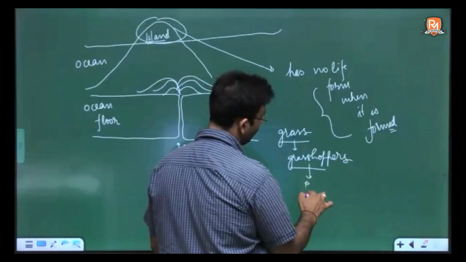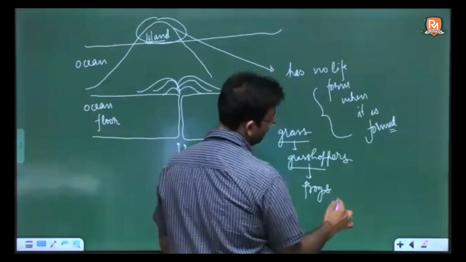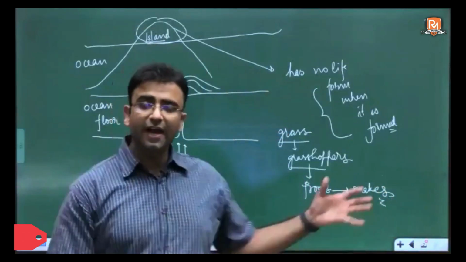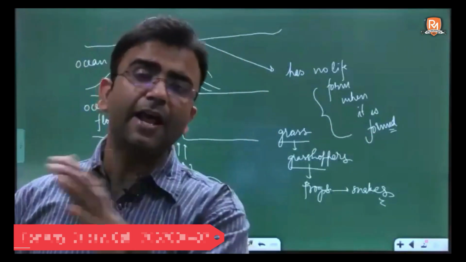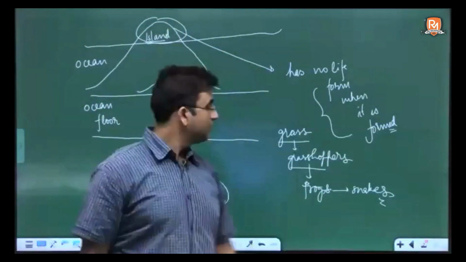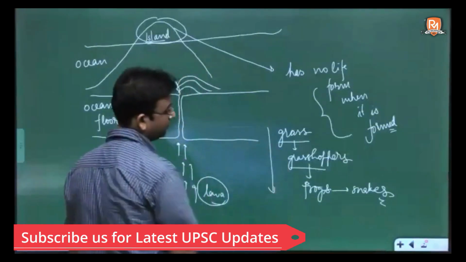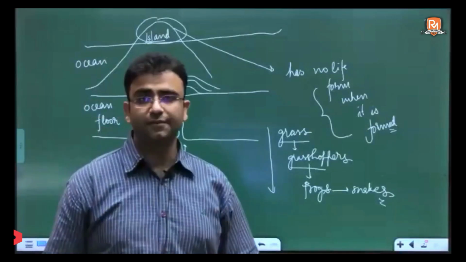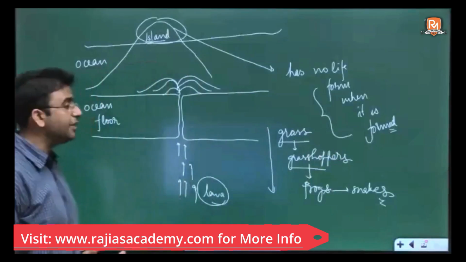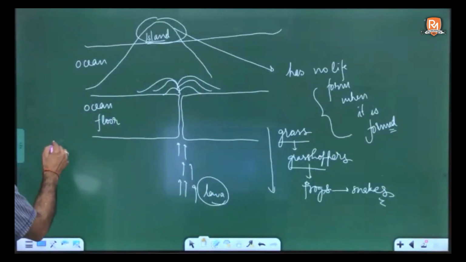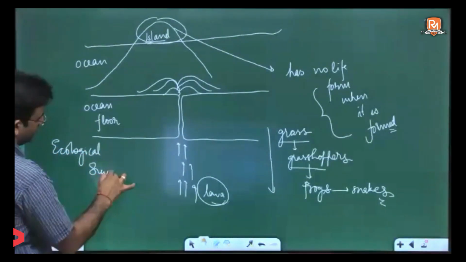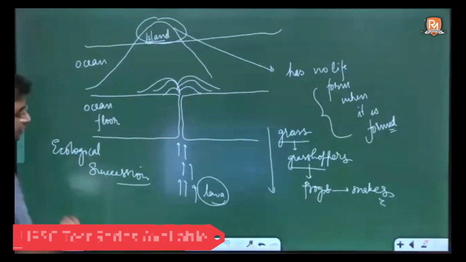Grasshoppers, then frogs will come on. Frogs, then snakes will come. And this way, this entire island will be inhabited by life which was earlier barren. This sequence of different life forms coming on a newly created land is known as ecological succession.